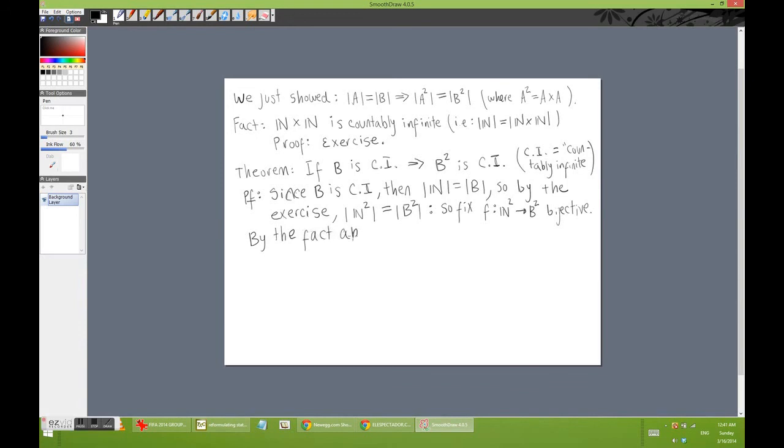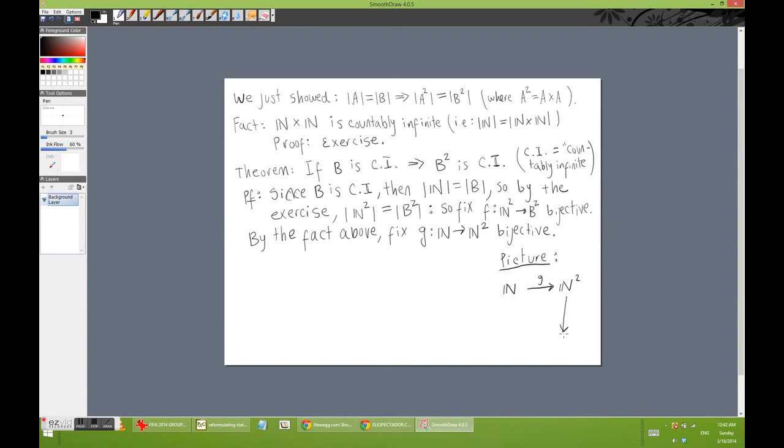So we fix a bijection between N cross N and B cross B. Let's call that bijection f. Now by the fact above, which we didn't prove, we can fix some bijection g from the one-dimensional naturals to the two-dimensional naturals, namely from N to N cross N.